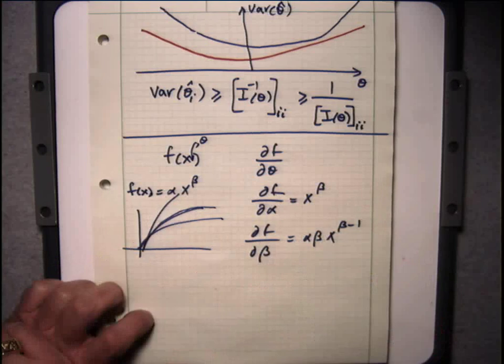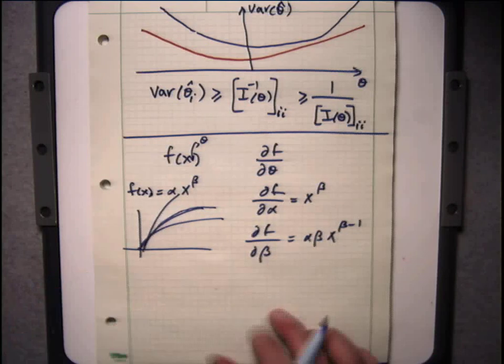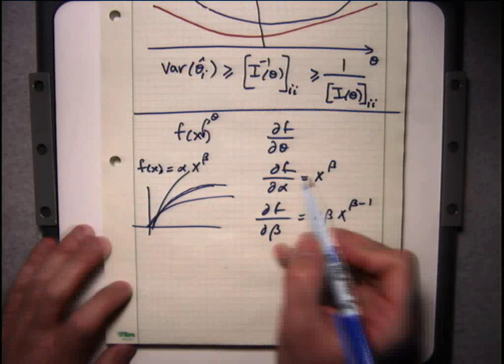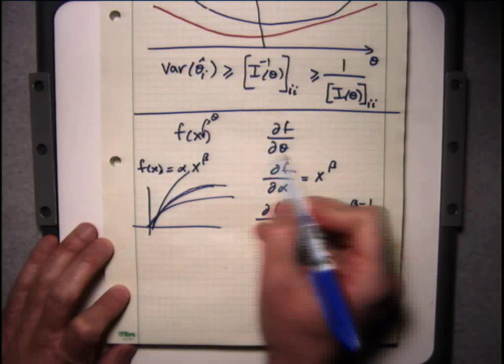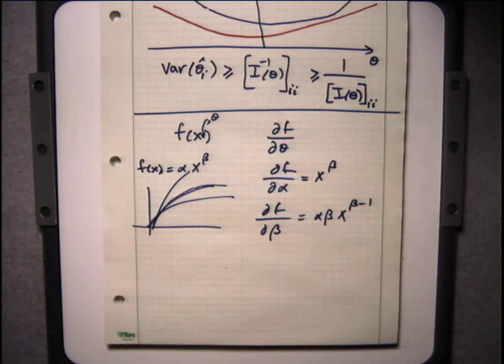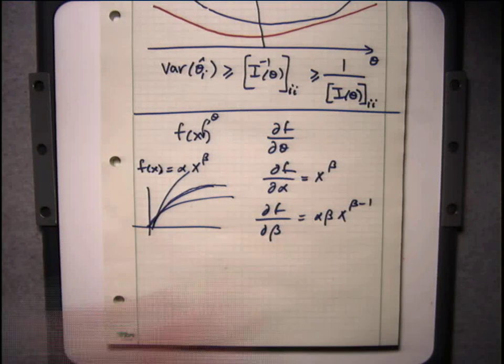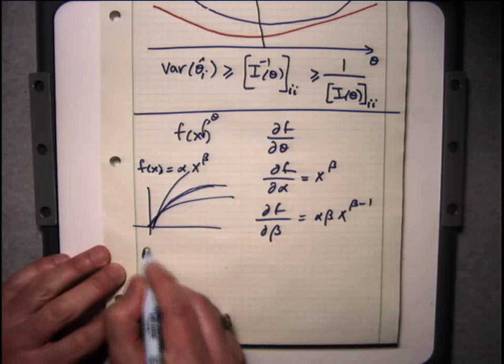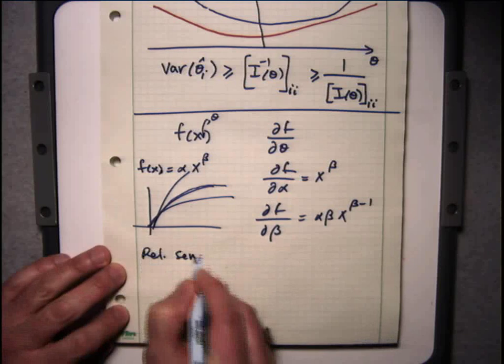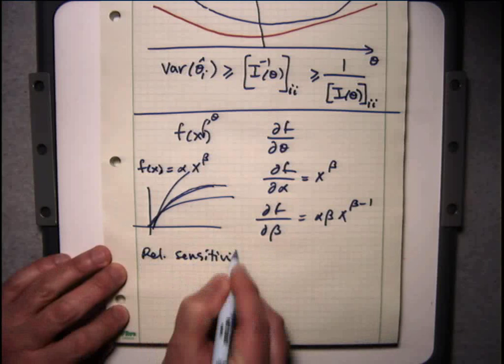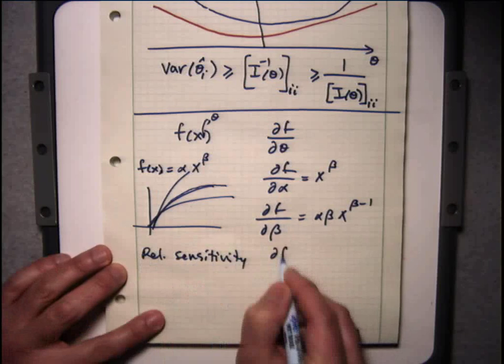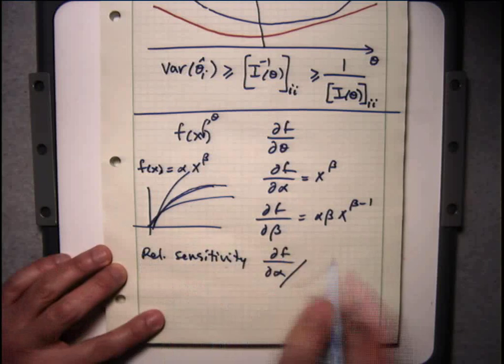Now the way sensitivity function is defined in general is you actually normalize this derivative by the actual value of the function, because what you're interested in is the relative sensitivity of the function to changes in the parameter. So the relative sensitivity is df d alpha divided by f.